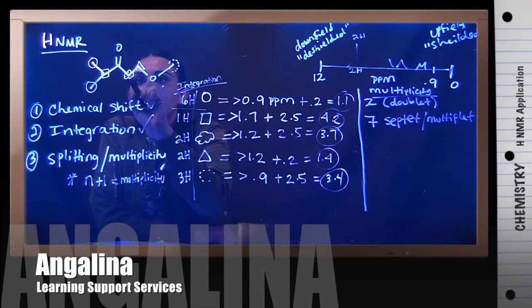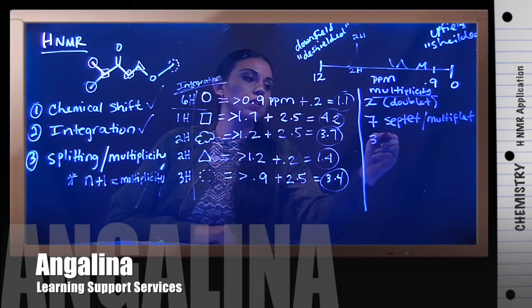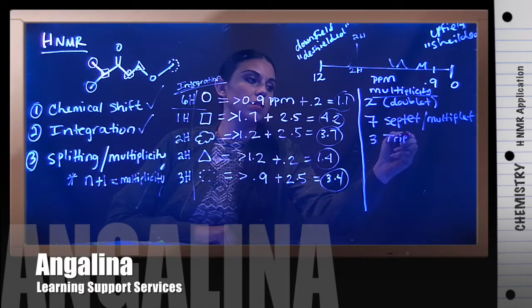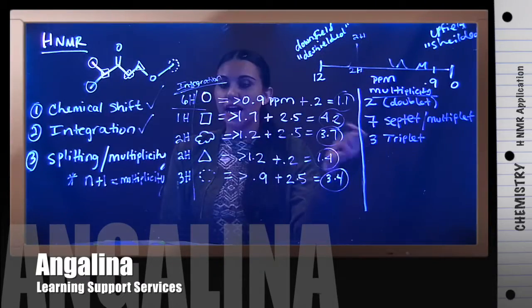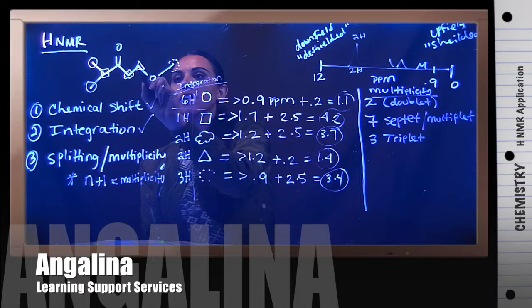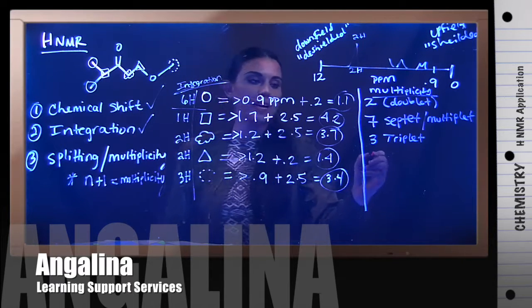This signal right here has 2 neighbors, so 2 plus 1 is 3, so we're going to see a triplet. Next we have the triangle. So in this triangle I have 2 neighbors, 2 plus 1, again a triplet.